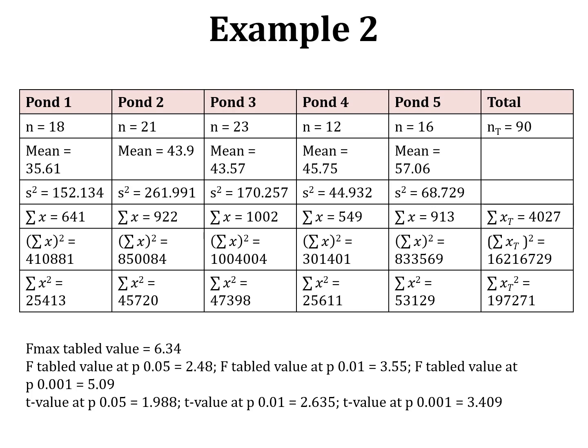And from pond number 4, we took only 12 observations, and the mean bicarbonate level is 45.75 milligrams per deciliter. And for pond number 5, the mean level of bicarbonates is 57.06 milligrams per deciliter, and the number of observations taken is 16.